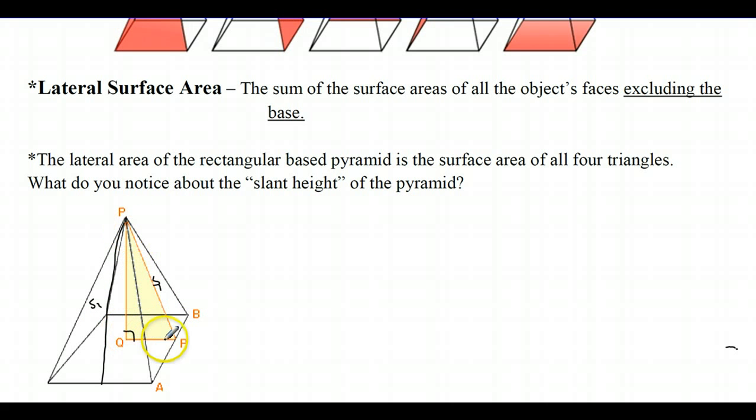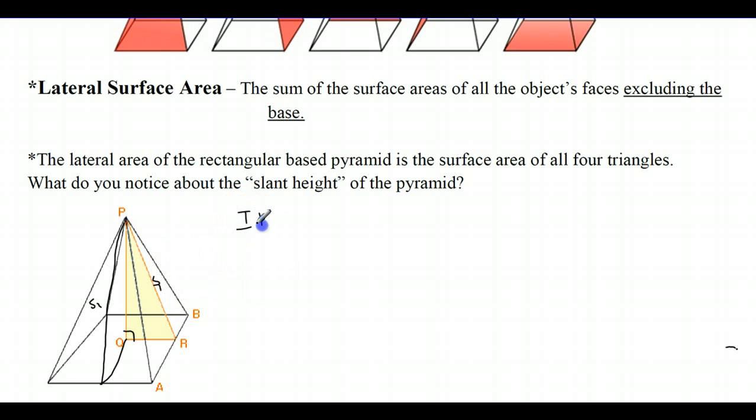And then this distance here is half of this distance, whereas this distance here is half of the distance here. And they will be different. The height will be the same. Height is constant. But since these base measures for the 2 triangles are different, our slant height will be different.